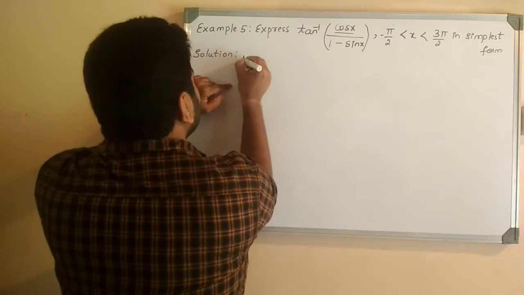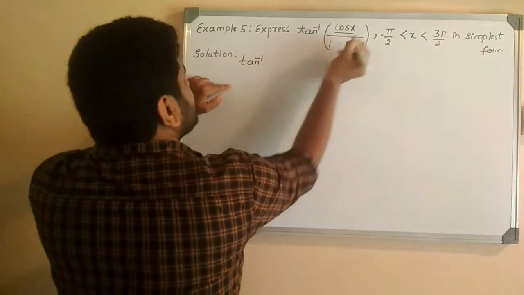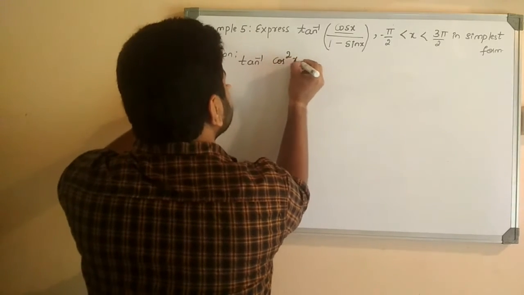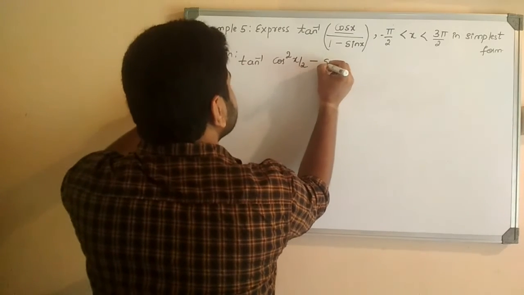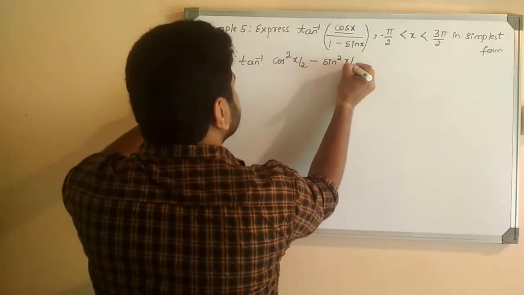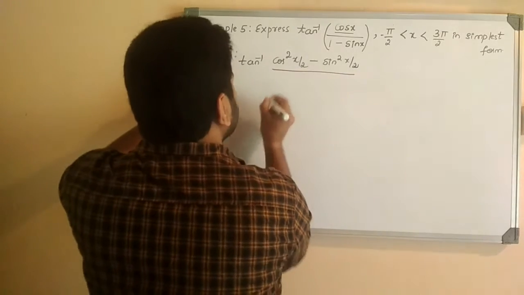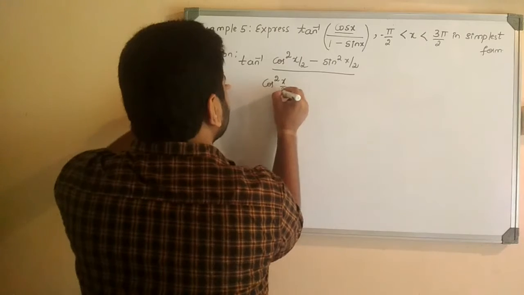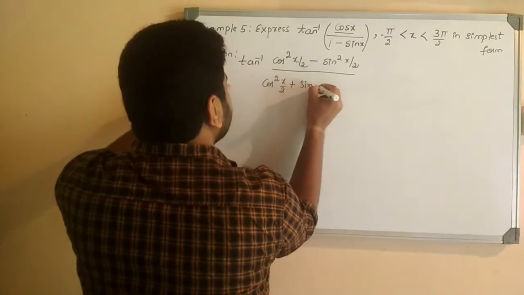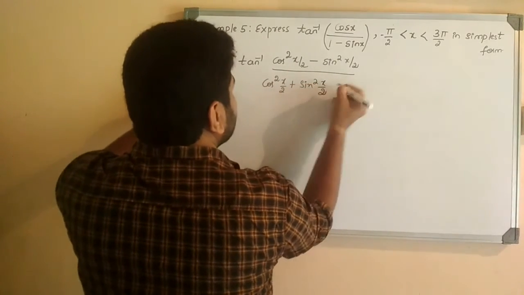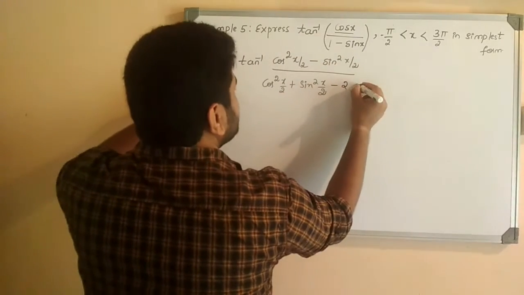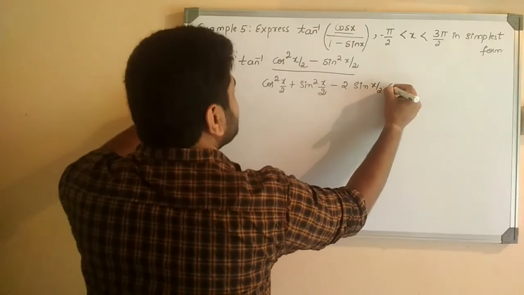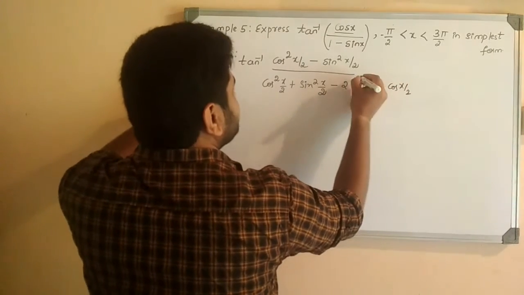So tan inverse of cos x can be written as cos square x by 2 minus sin square x by 2. 1 can be replaced as cos square x by 2 plus sin square x by 2 minus 2 sin x by 2 cos x by 2.